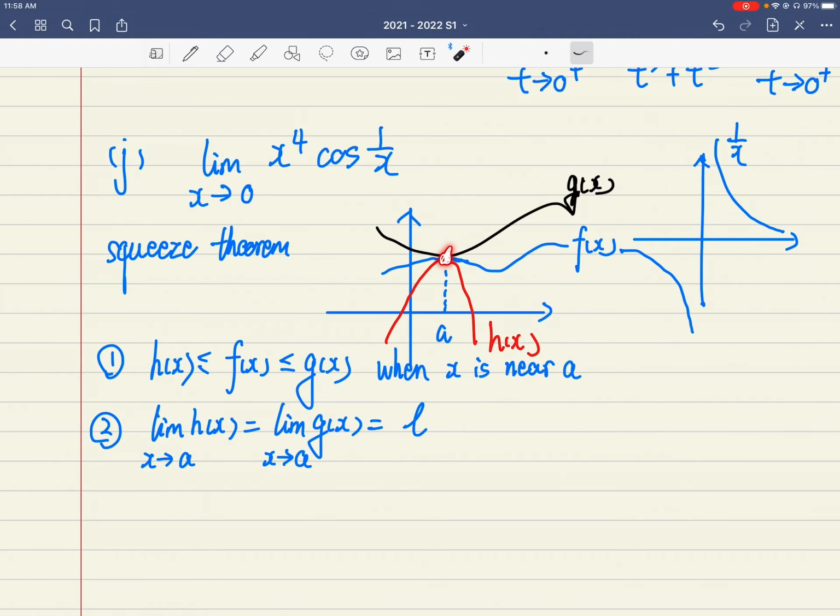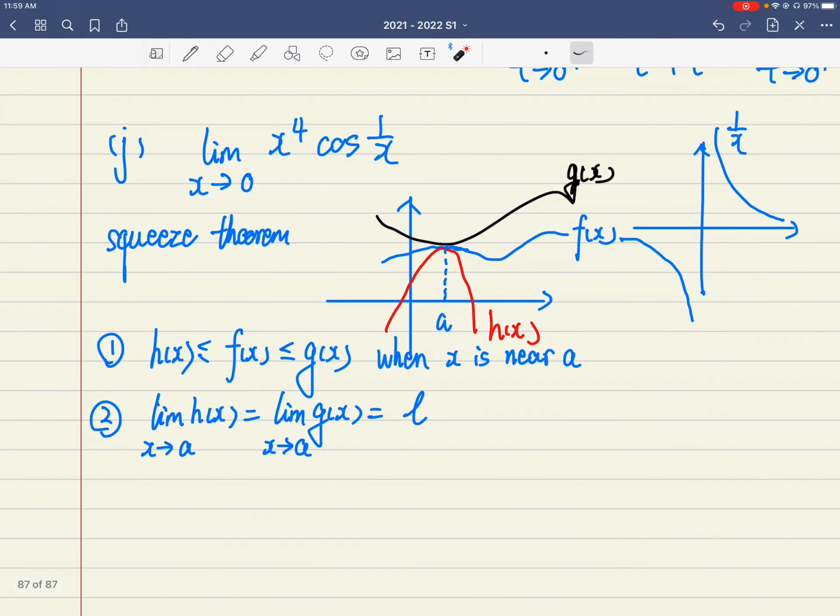When x is approaching A, you can see this higher function g(x), its limit is this point, and for this lower function, its limit is also this value. So at this specific point, both the higher and lower function have the same limit value. Then naturally the function in between must have the same limit value.